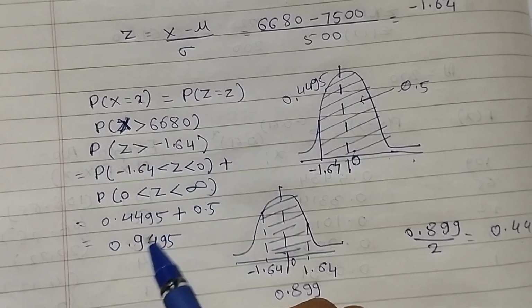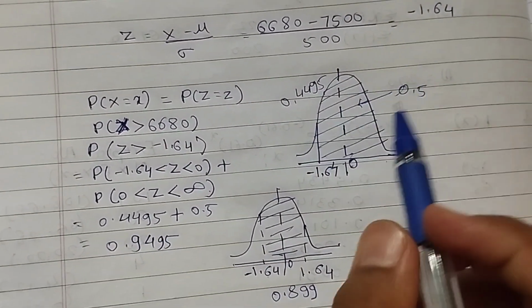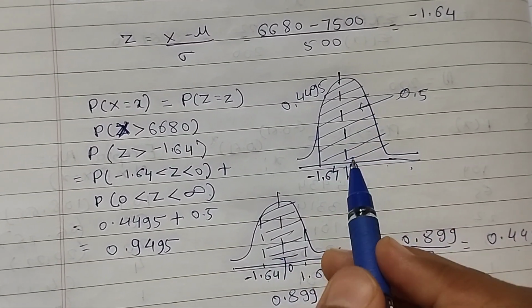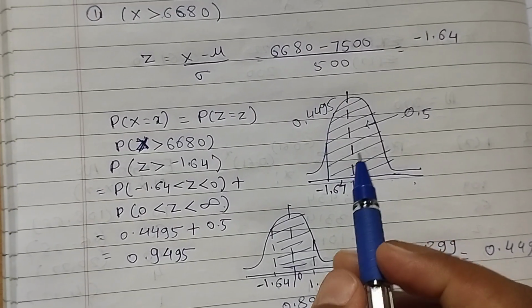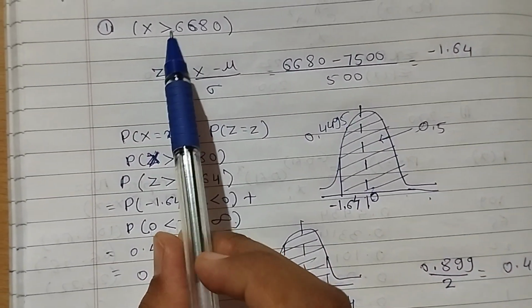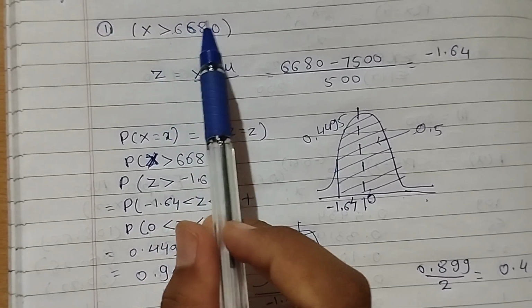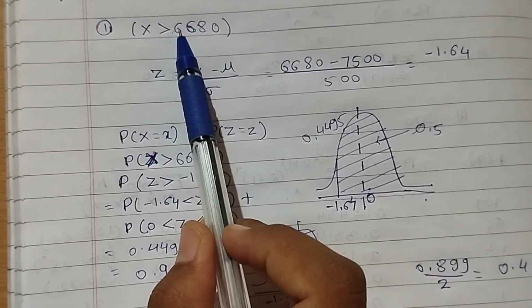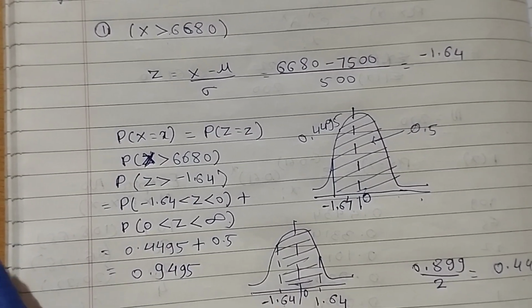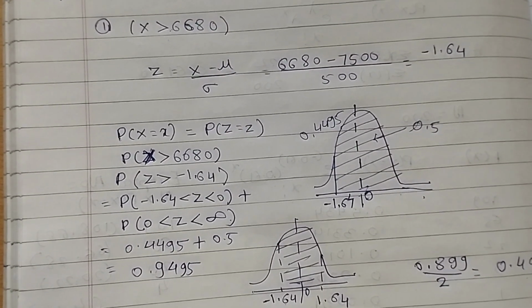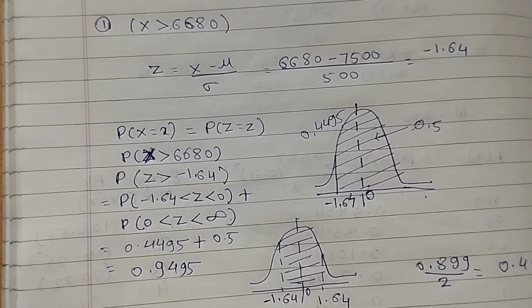So this is the area of the curve which is greater than or equal to minus 1.64, meaning this is the probability for x greater than 6680. So in this way we calculate the probabilities for the normal distribution.